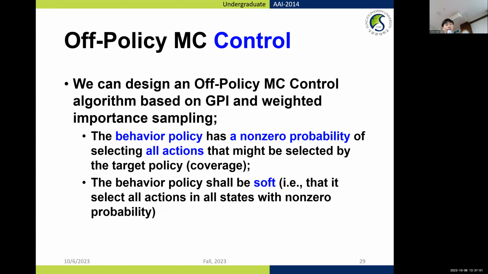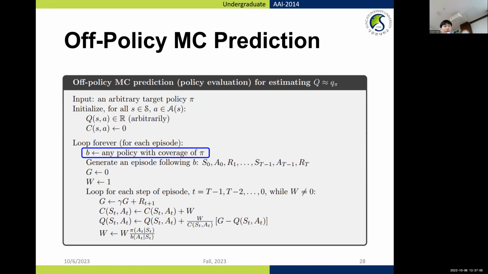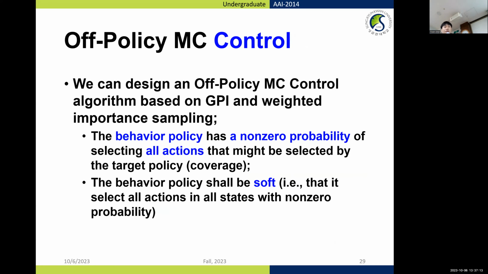Okay, previously we did the prediction. Prediction is just updating the state values. Now with this prediction, we can do the control. We're going to use off-policy MC to work on the control, how we can improve the policy.